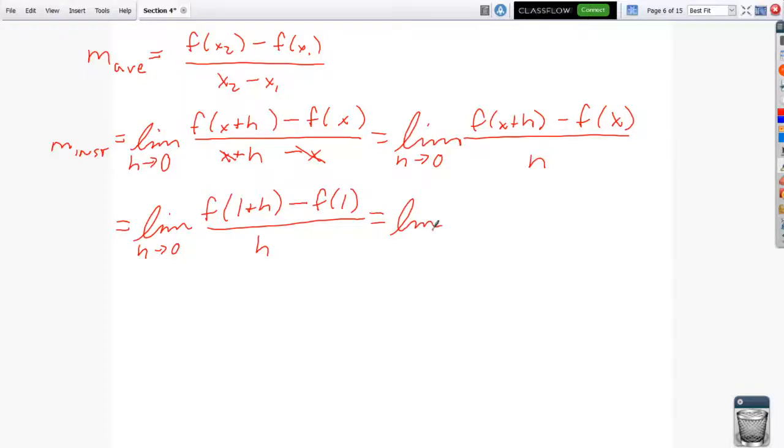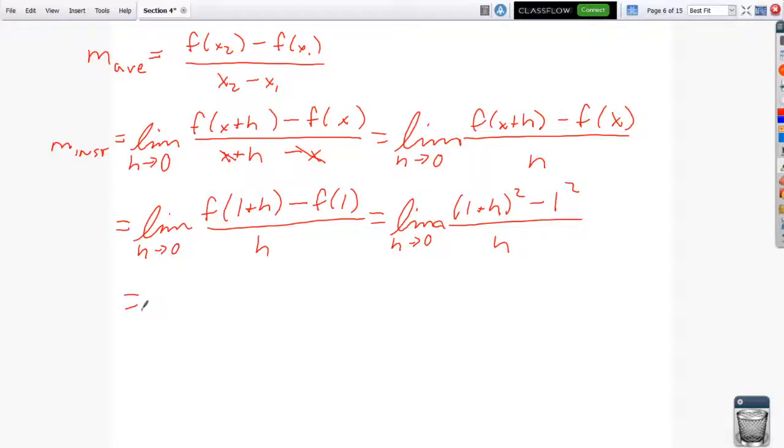In this particular case, our f was x squared. So now we have the limit as h approaches 0 of 1 plus h squared minus 1 squared all over h. And again, I could try to plug in 0 for h. I'm going to get 0 over 0, so I just look for stuff that I can do. I see a binomial being squared, I know how to square a binomial. I see 1 being squared, I know how to square 1.